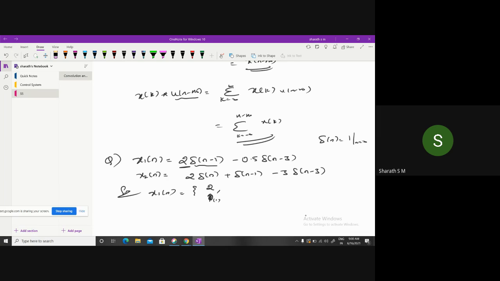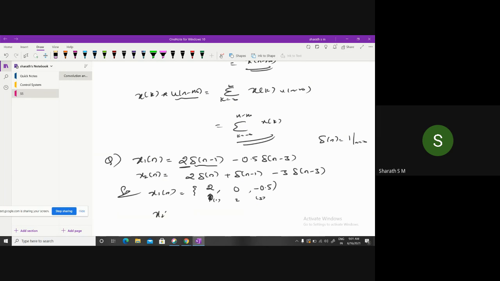Afterwards, delta of n minus 3 means you have a sample at 3, and that amplitude level is minus 0.5. So here we have a sample at 1 is 2, sample at 3 is minus 0.5, and the mid sample at 2 is equal to 0. We don't have any signal here.